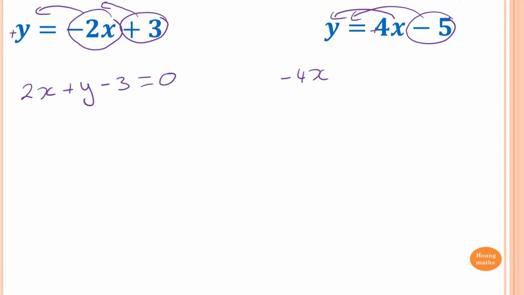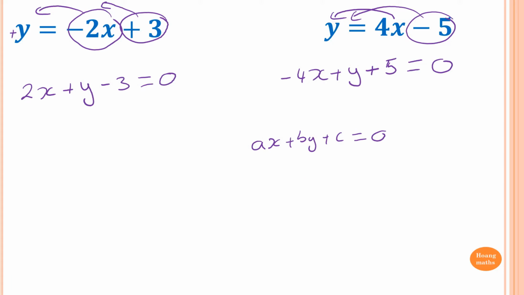Then the minus 5 I move as well, but I'll write down the y first, because ax plus by plus c equals 0. So y becomes positive y, and minus 5 moves to that side so it becomes positive 5. Then nothing left on the right hand side, so just 0.